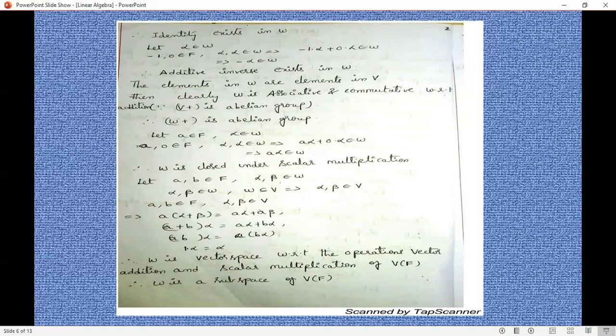So we are writing this way: let a, b belong to F, alpha, beta belong to W. Alpha, beta belong to W, W is contained in V, implies alpha, beta belong to V. Now we are taking a, b belong to F, alpha, beta belong to V. a into (alpha plus beta) equals a alpha plus a beta. (a plus b) into alpha equals a alpha plus b alpha. ab into alpha equals a into (b alpha). 1 into alpha equals alpha.